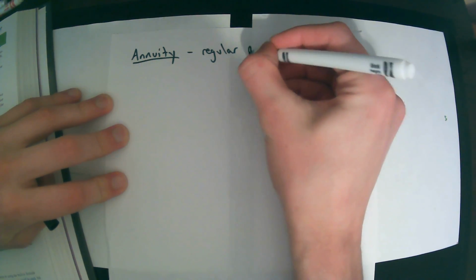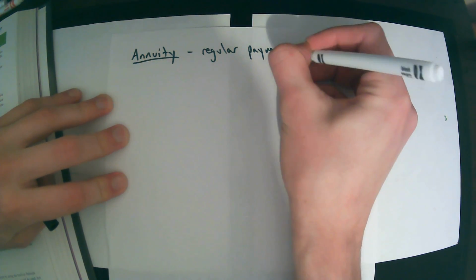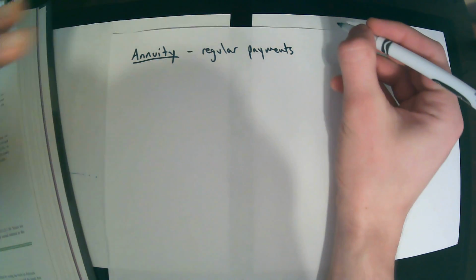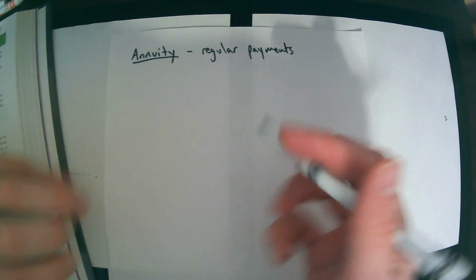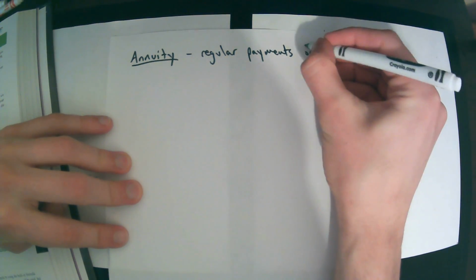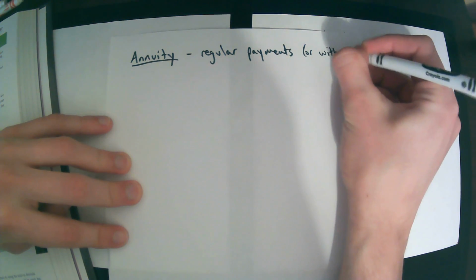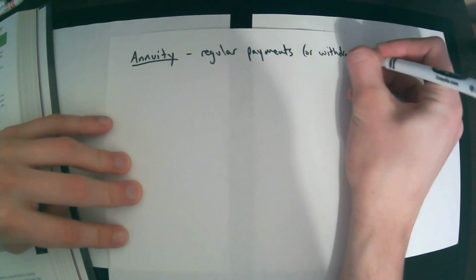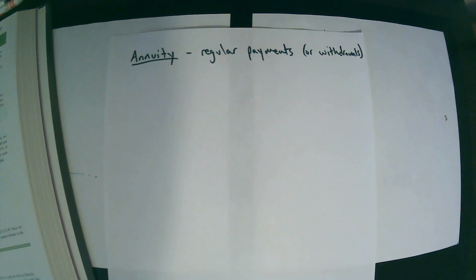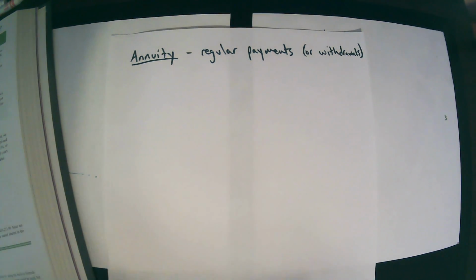Regular meaning consistent, like monthly. Regular payments or withdrawals, because it can mean withdrawals too. But in this context, we're going to be talking about payments into an account. Okay, so we are in the situation where we've got some future goal in mind.